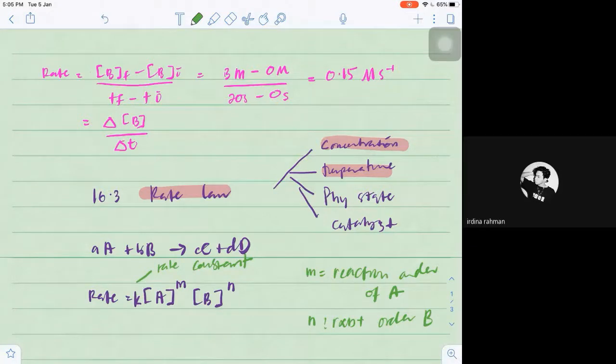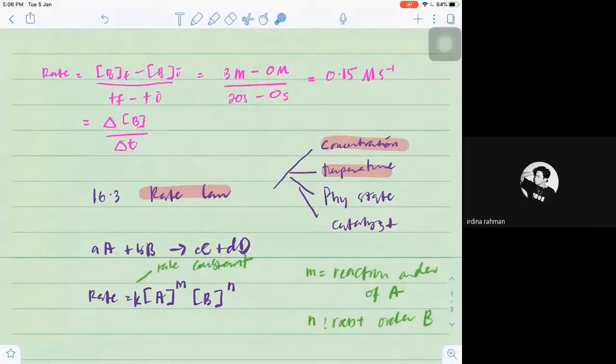The value of M will determine how, when we change the concentration of A, it will affect the rate. The value of N will tell us how, if we change the concentration of B, it will affect the rate of a reaction. So that is the reaction order. How to get the value?